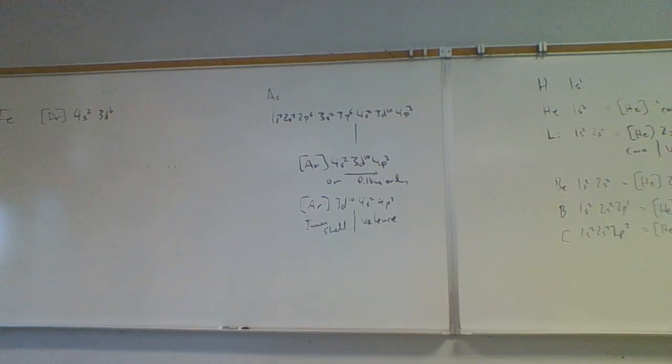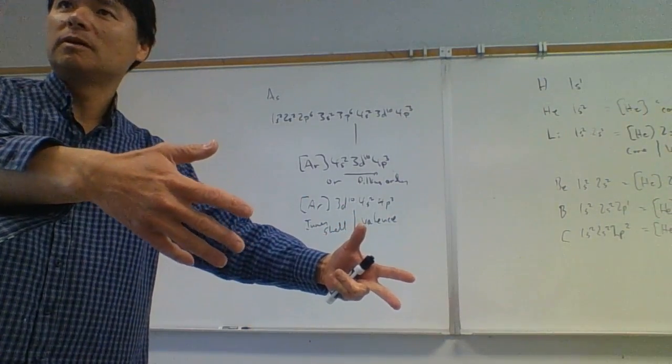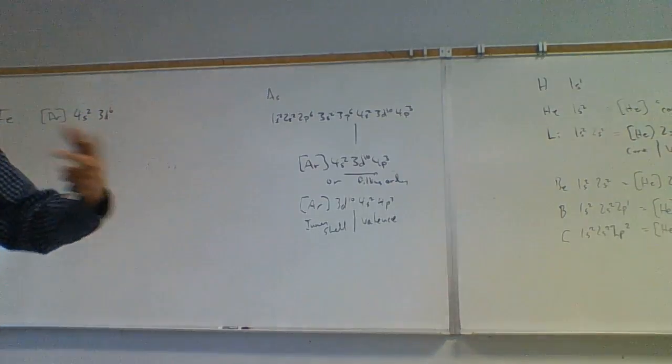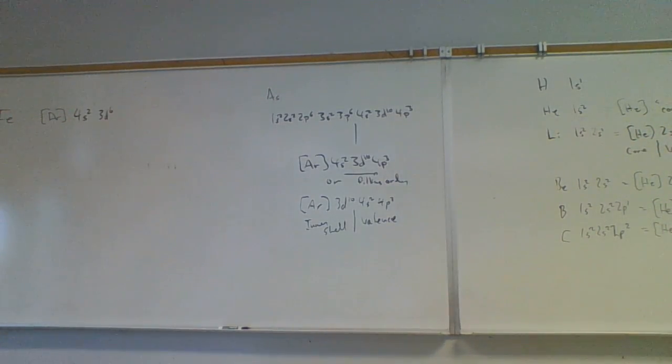The 4s2. Even though the 4s2 are lower in energy, more stable, and the 3d are less stable, higher in energy, the oxidizer has to really dig deep into the atom to get those, versus the 4s, which are on the outside, outermost.